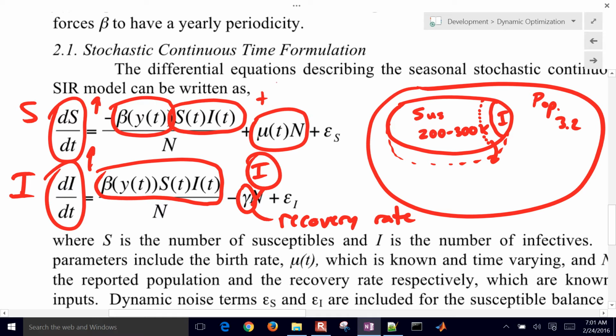And this is our birth rate right here, so you have additional individuals entering the susceptible population through a birth rate. And then these are just the noise or unexplained variations in the data that are going to be the stochastic components of it.